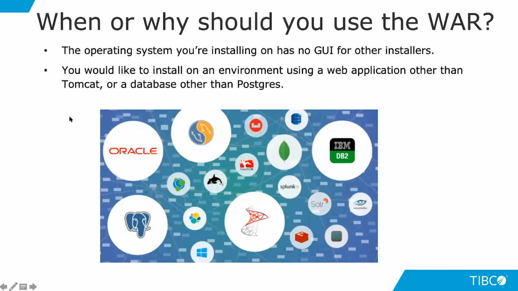Another reason would be if you'd like to install Jaspersoft Server on an application server, excuse me, on a server that uses a web application server other than Tomcat or a database other than Postgres.